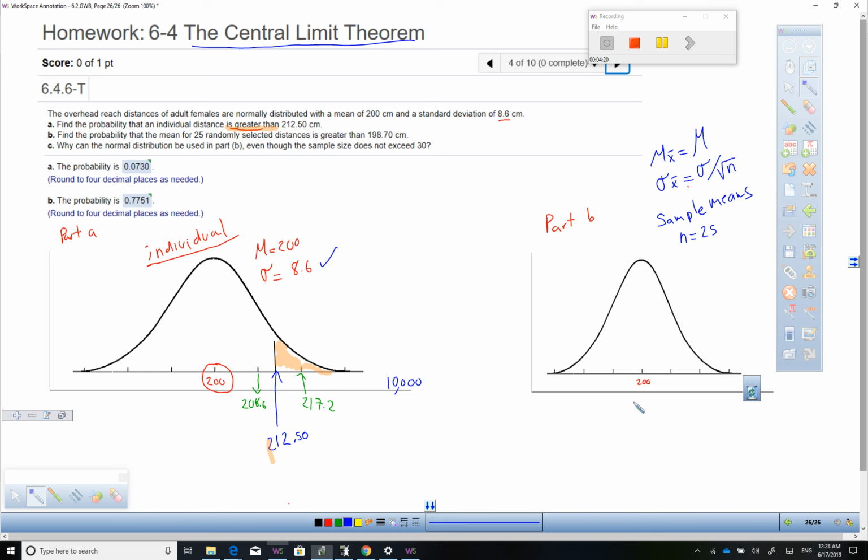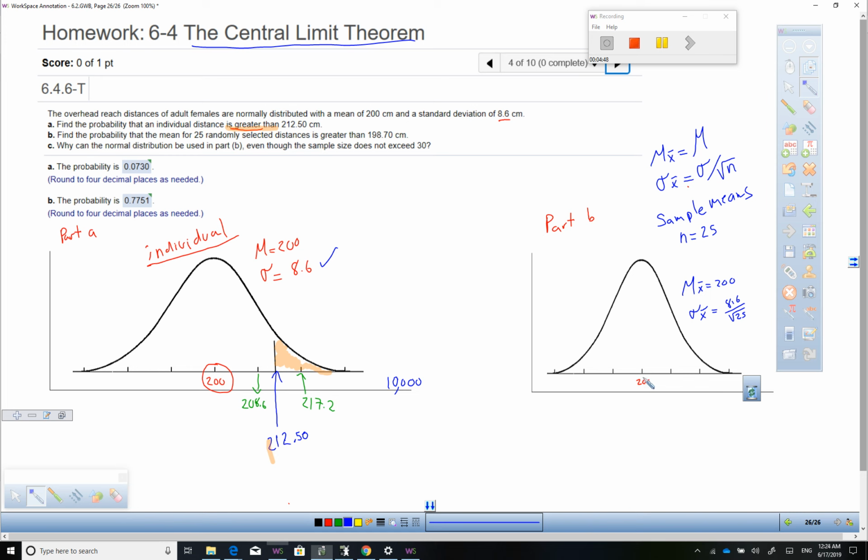So the mean here will be 200, but the standard error for this distribution will be 8.6 divided by the square root of 25.